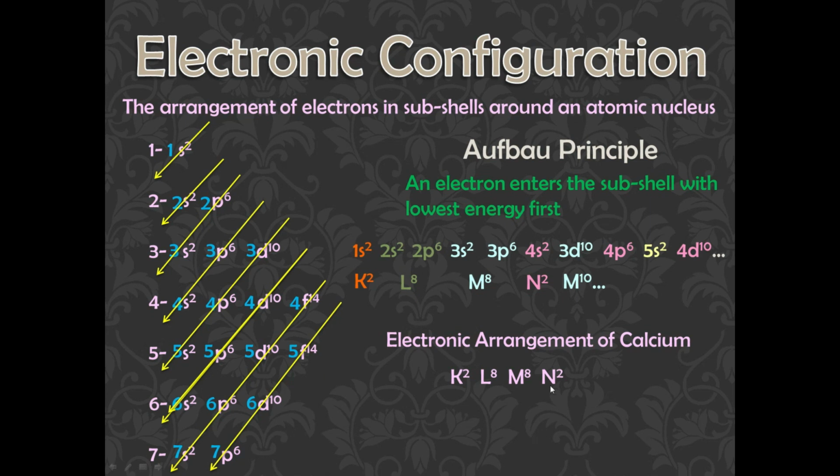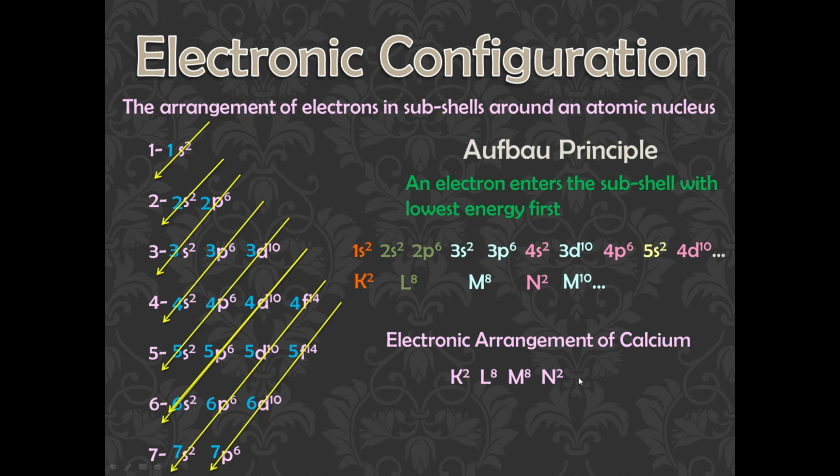Here you can see capacity of third shell, M shell, is 18, but only 8 electrons are filled in this shell. Then 2 have filled in fourth shell. Calcium is having only 20 electrons, so total it has become 2 plus 8 plus 8 plus 2 is equal to 20 electrons. After N2, if any element is having more than 20 electrons, after N2 we will write M10 here again.